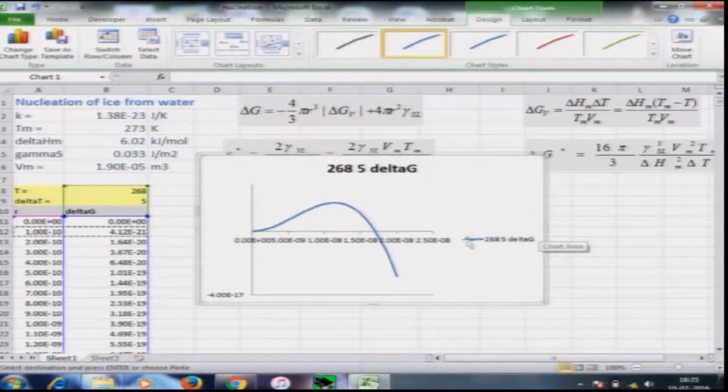And as you can see that the shape is as expected, that initially delta G goes up and then it starts to come down.